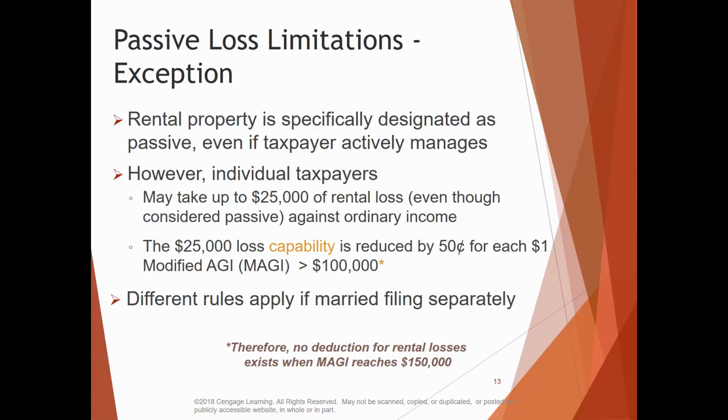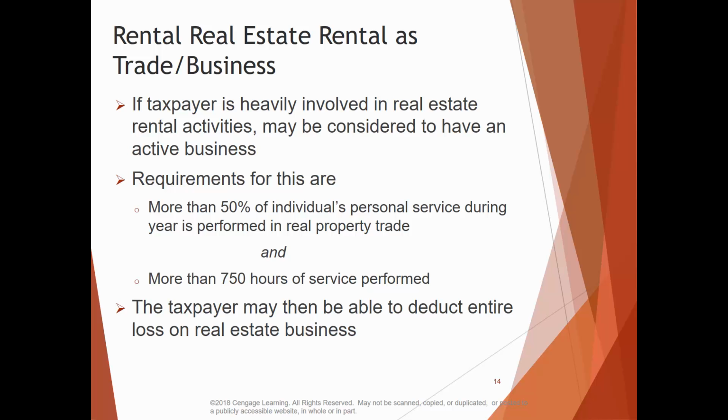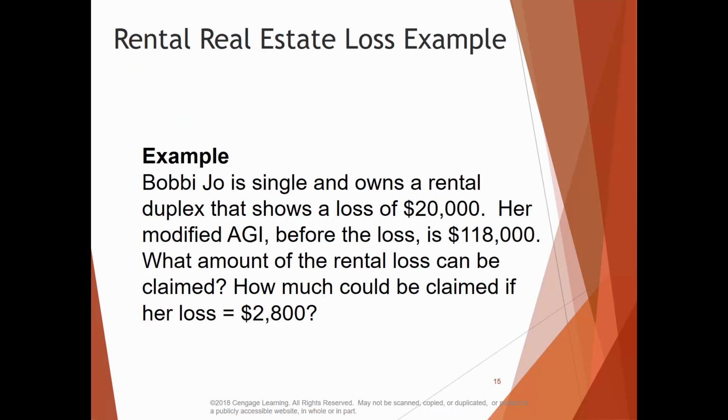Okay, so let's just take a look at the math. Okay, I'll go back to that slide while we're thinking about this. Okay, so we've got a gal. She's single. She owns a rental duplex, and it shows a loss of $20,000. And her modified AGI before the loss is $118,000. So she's got good portfolio and active income.